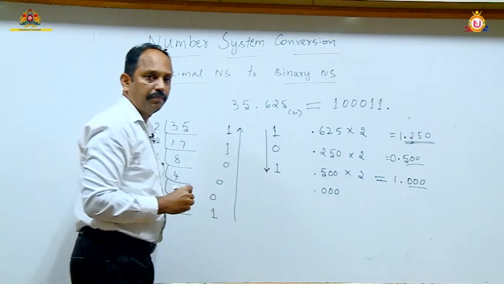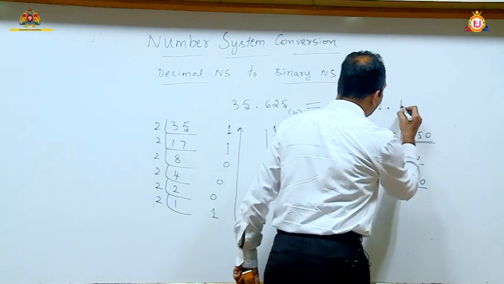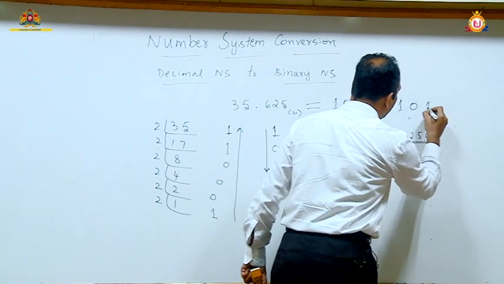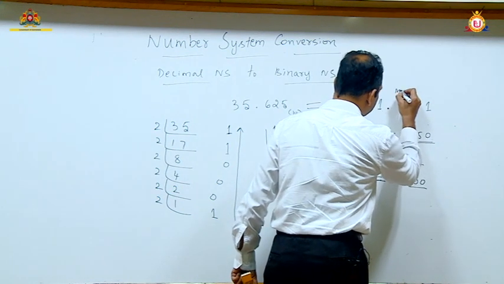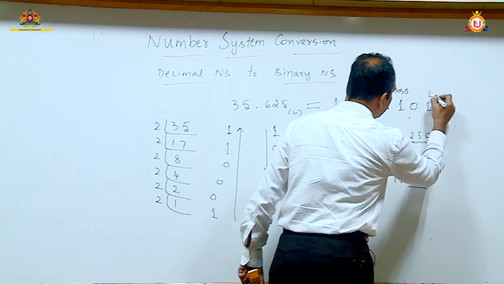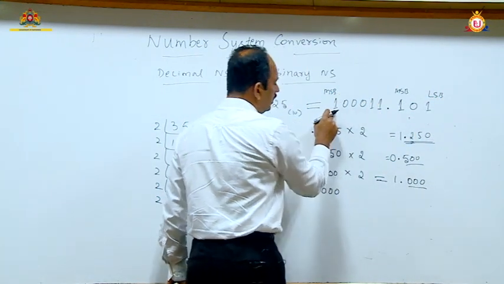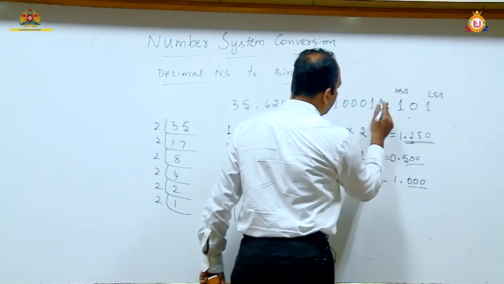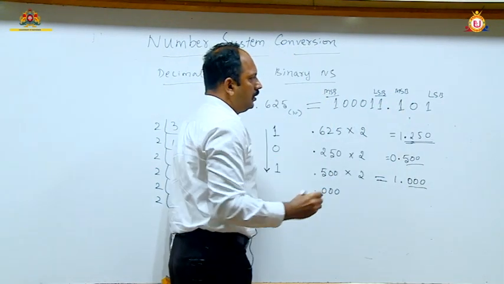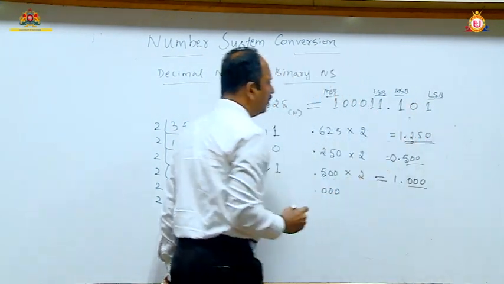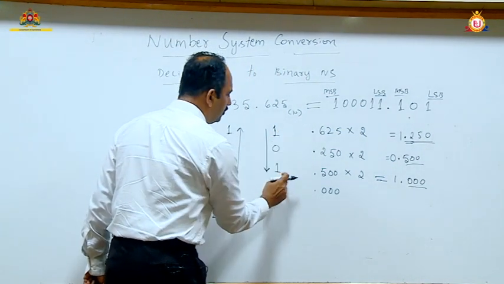From top to bottom. What is the top value? 1. So the top value 1, the next value and the bottom value is 1. So here in the fractional part, this one is the MSB and this one is LSB. In the integral part, the leftmost digit in the integral part is MSB, the rightmost digit is the LSB. Okay. So what you can see here is I started writing from top to bottom.